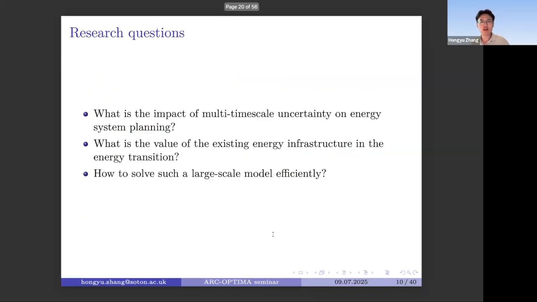Okay, so with all this background and the literature, our research questions are fairly clear. First, what is the impact of the multi-timescale uncertainty on energy system planning? And also, what is the value of existing energy infrastructure in the energy transition? And of course, how can we solve this large-scale model efficiently?